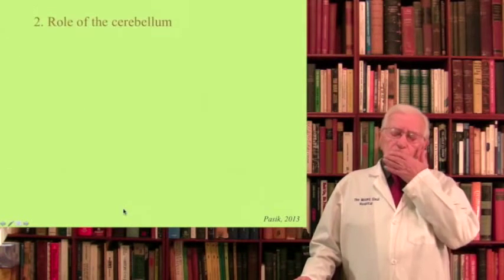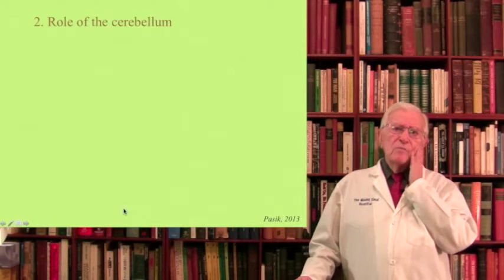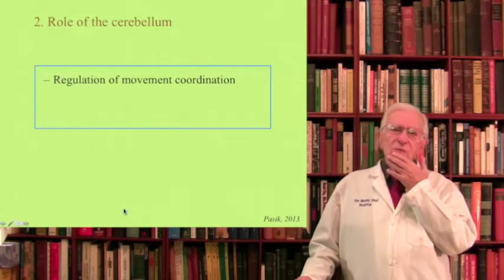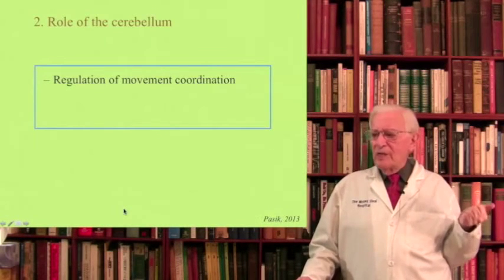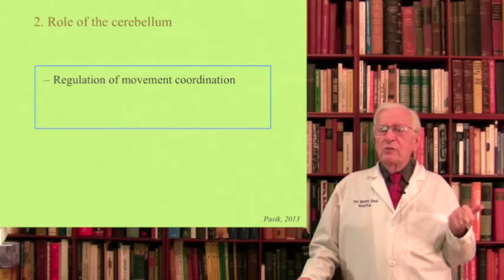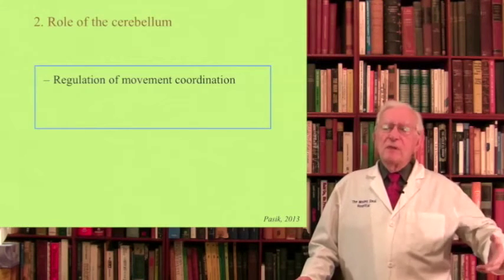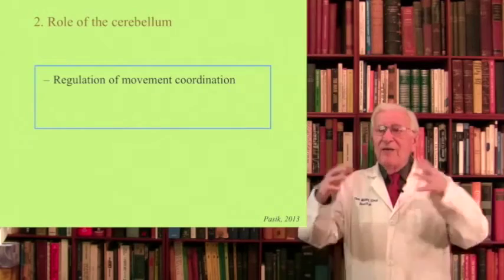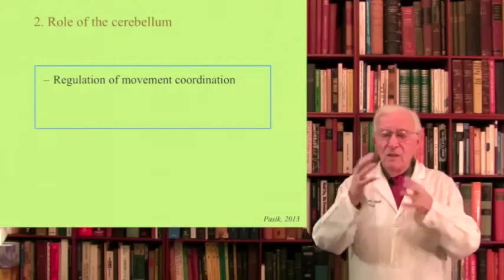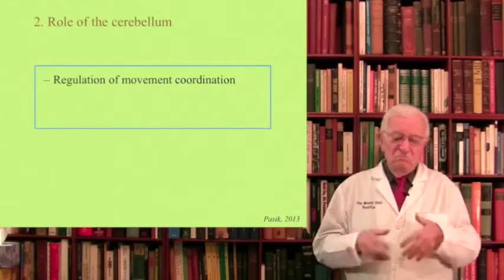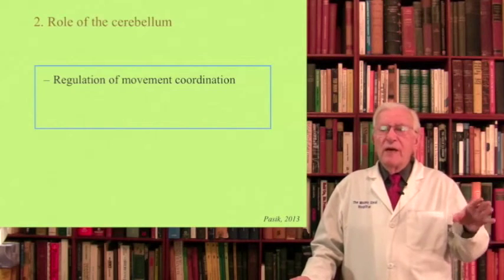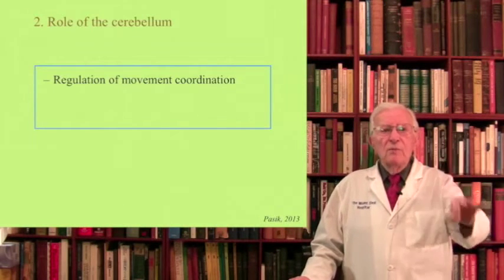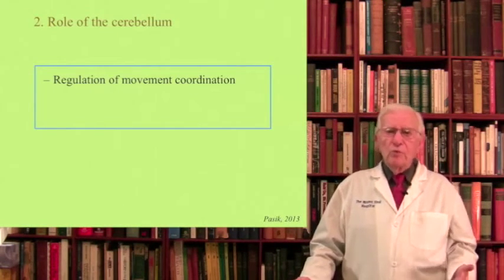Now, what's the role of the cerebellum? Well, we already mentioned some in the objectives. First of all, it regulates movement coordination. When you do any kind of movement, several muscle groups have to be acting synergistically in order to execute precisely the movement that you want to do.